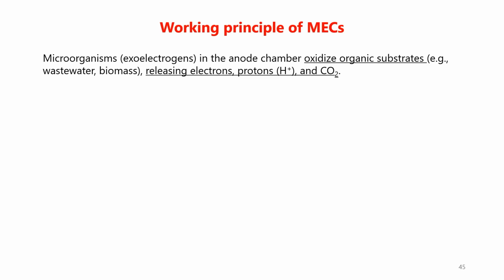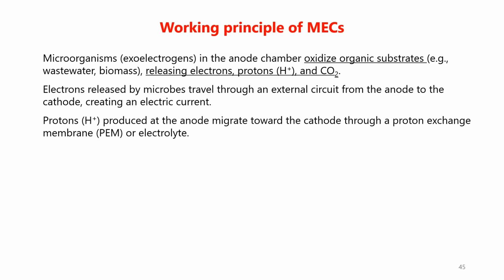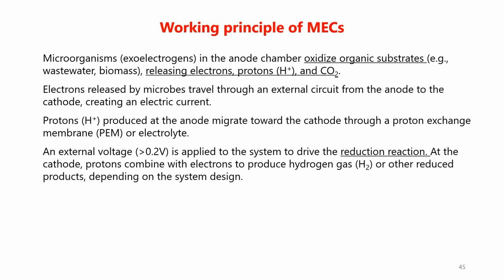Let us look into the working principles of the MECs. Microorganisms, exoelectrogens in the anode chamber, oxidize organic substrates, for example wastewater or biomass, releasing electrons, protons, and carbon dioxide. Electrons released by microbes travel through an external circuit from the anode to the cathode, creating an electric current. Protons produced at the anode migrate toward the cathode through a proton exchange membrane or electrolyte.